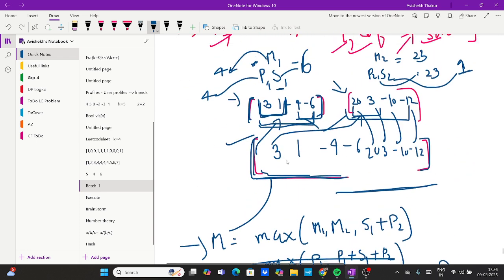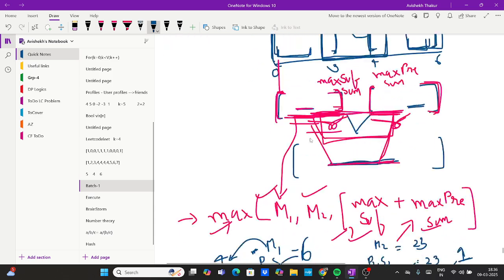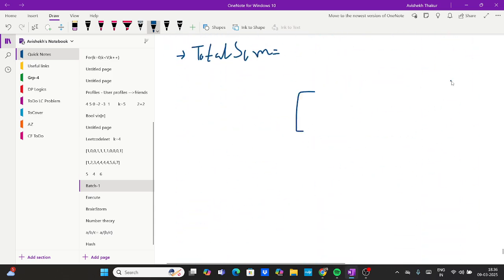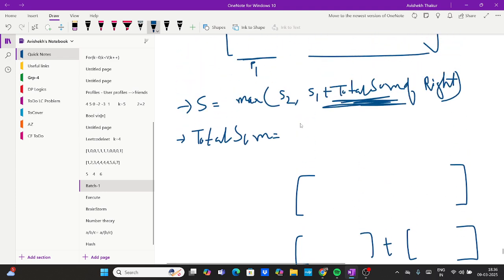The total sum of the larger node is nothing but the total sum of this only, right? Because they are independent, left and right. So total left plus total right.